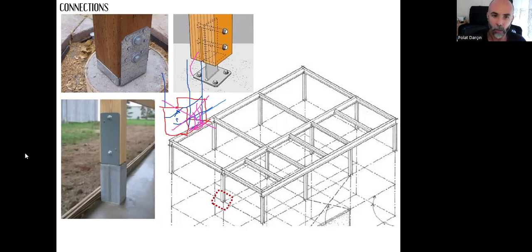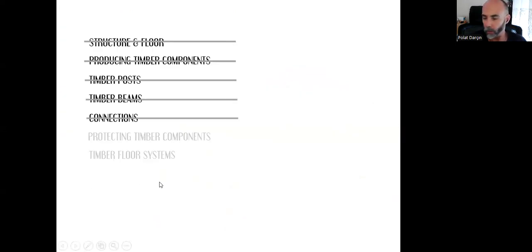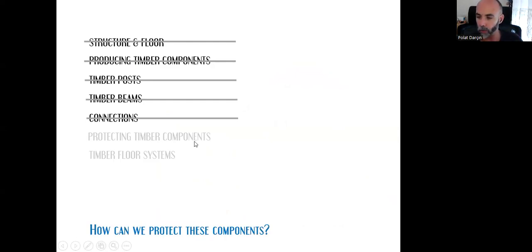It will be much better in terms of protecting the timber pieces. So these are the main principles about the connections. Of course, you can design your own connections or search for different types like that.